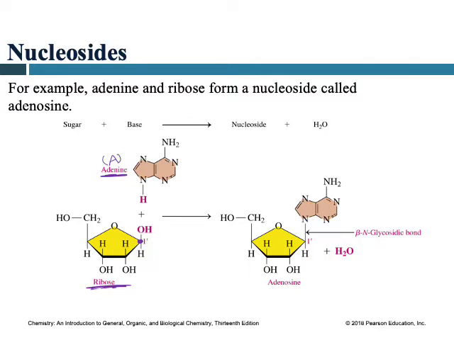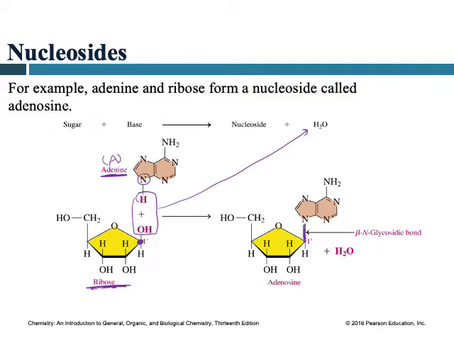So in adenine, the hydrogen from the nitrogen combines with an oxygen from carbon number 1 of the sugar molecule and is removed as water, if you can see over here. Now if you remove H and OH, what's going to be left? The nitrogen is going to attach directly to this carbon number 1, and you can see this bond over here.